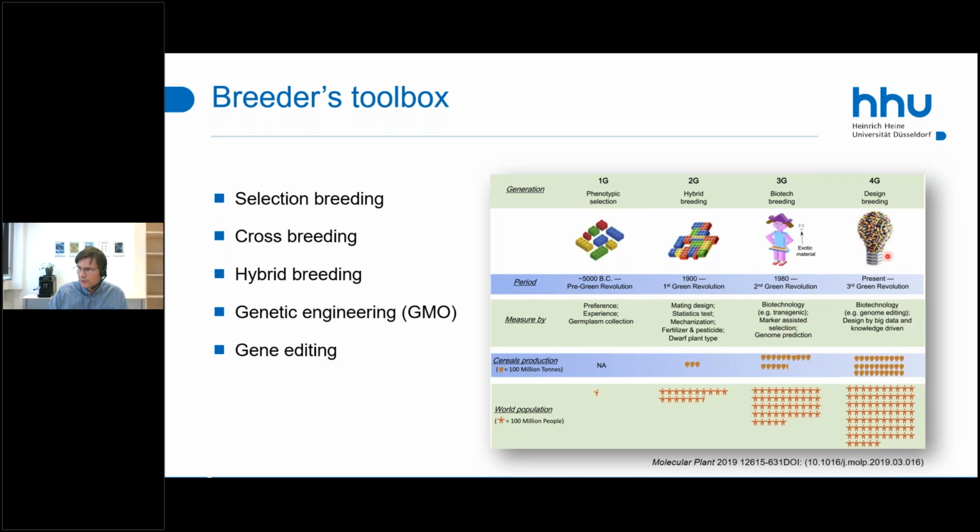And last but not least, we now have more biotechnological approaches and tools in the box, like marker-assisted breeding and also genome editing or gene editing, I have to say.